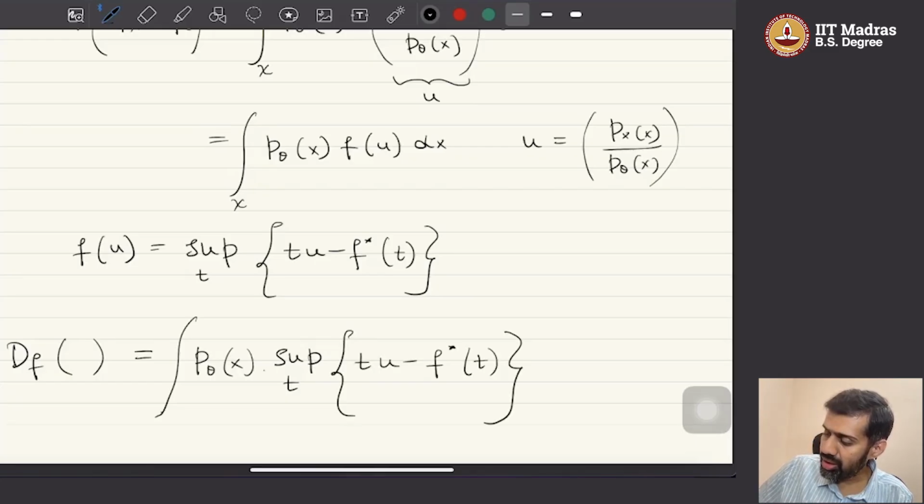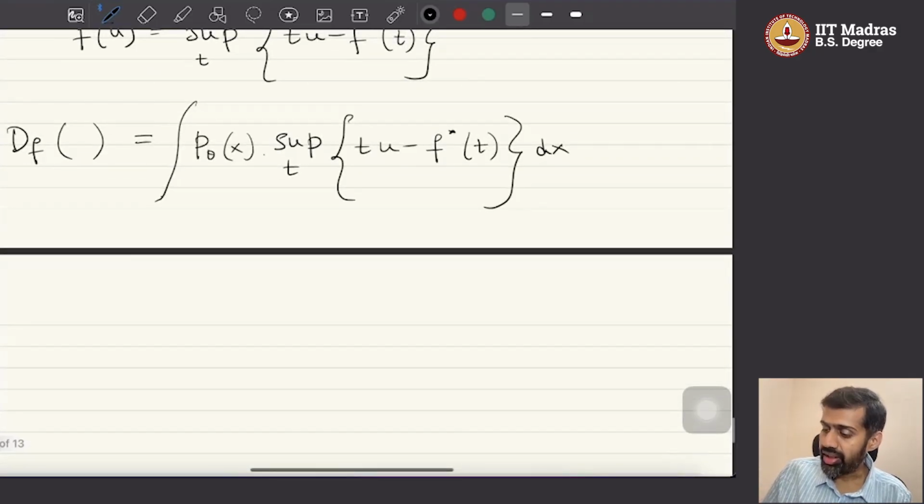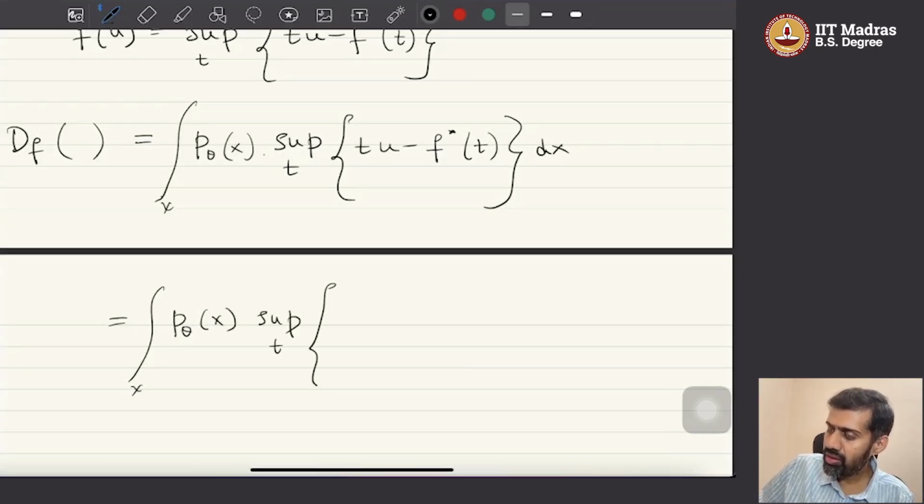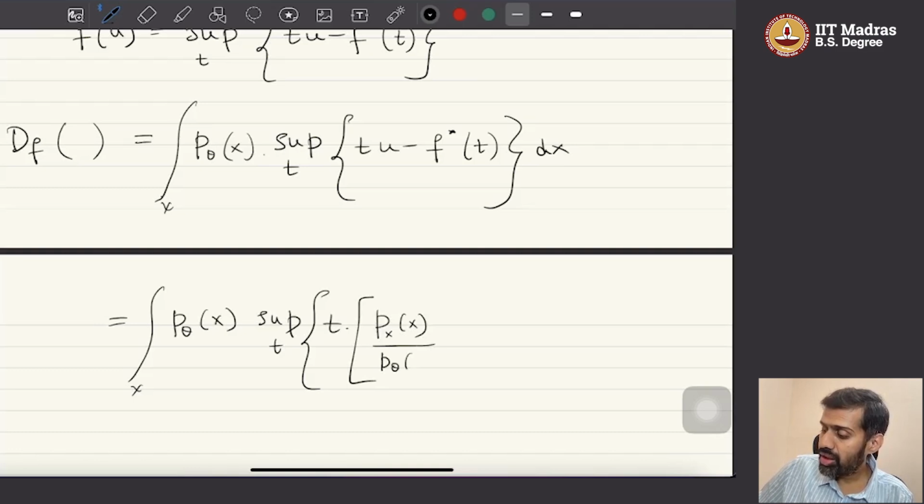Please remember that u here is the density ratio. Now we'll unroll it. This is the integral over x of p theta of x times the supremum over t of t, which is a scalar, times p x of x divided by p theta of x, minus f star of t, dx.